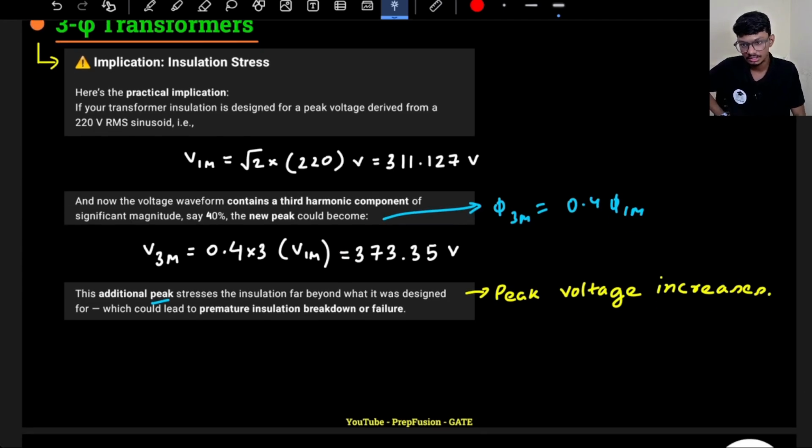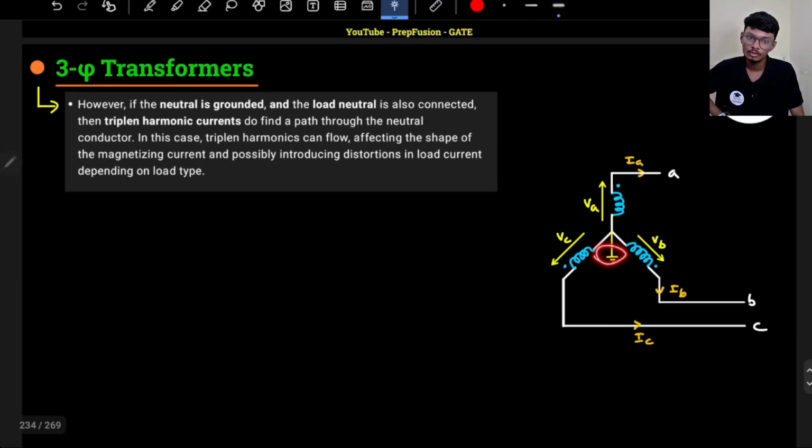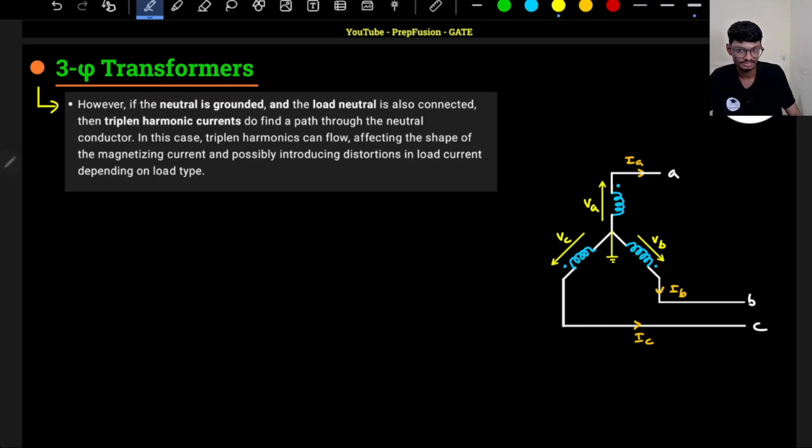Now how to solve this? We can simply connect the neutral. Now if I connect the neutral and again do the same analysis, and again assume that there are some currents flowing through the transformer, what will happen?